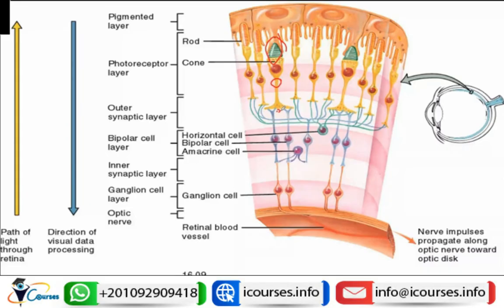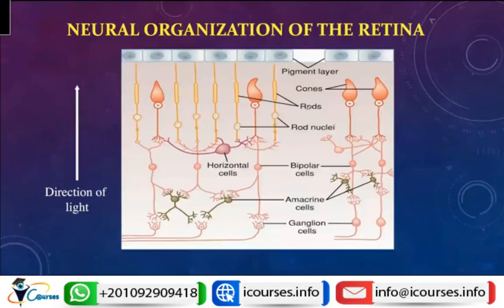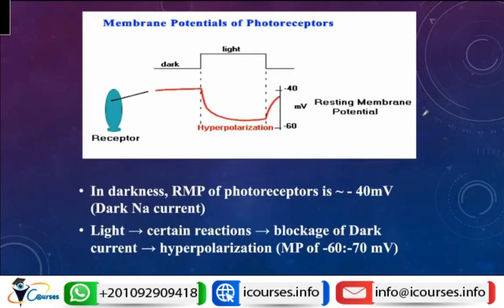Glutamate will be released in case of the dark current, so there will be excess glutamate, which will prevent the transmission of the electrical impulse. But under the effect of light, there will be very little or no glutamate, which will facilitate the transmission of the electrical impulse. So again, this is the direction of light, but this will be the direction of the visual processing.